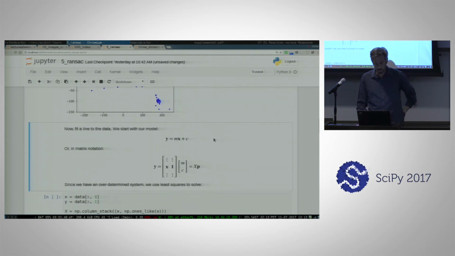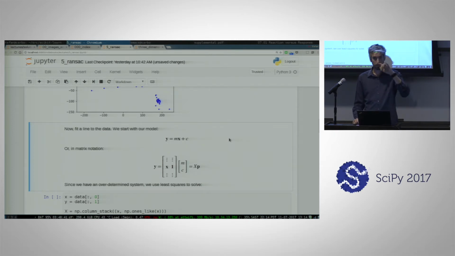Our model is the standard model for the line, y equals mx plus c, where m is the gradient and c is the offset. You can also write that in matrix form. If you take a vector of y coordinates, all those y's are equal to all my x's in the first column, 1's in the second column, times your two parameters m and c in an additional vector.